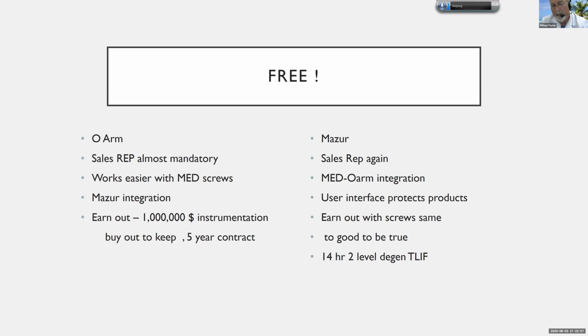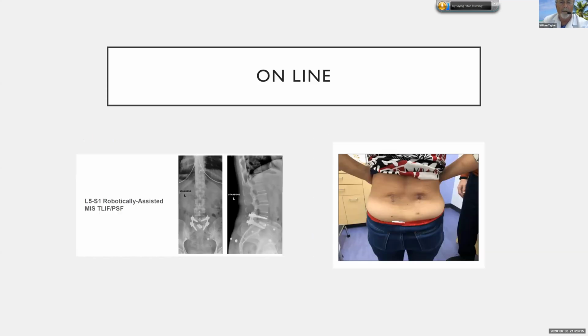I would tell you that in our hospital, we've had some issues with this robot. We've had one 14-hour 2-level TLIF, and I think that it's turned out to be a little bit of a difficult thing because people think they're going to use the robot without really any training.